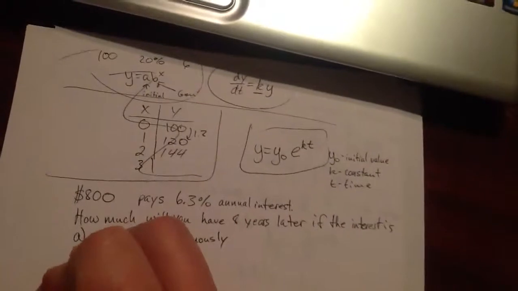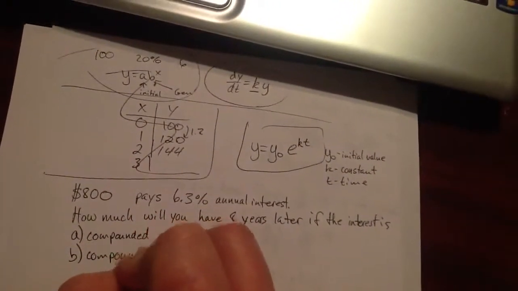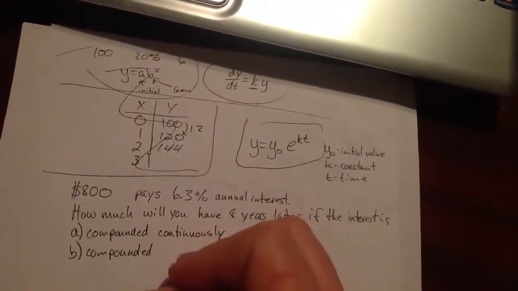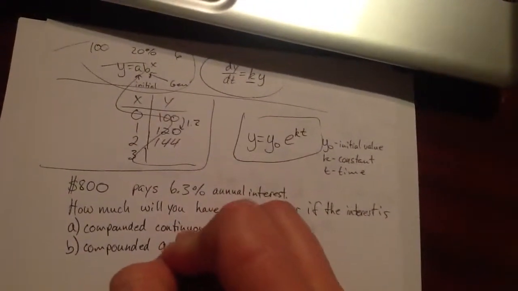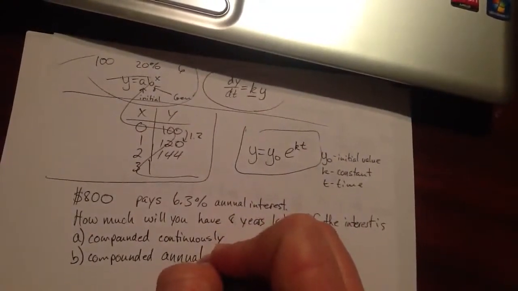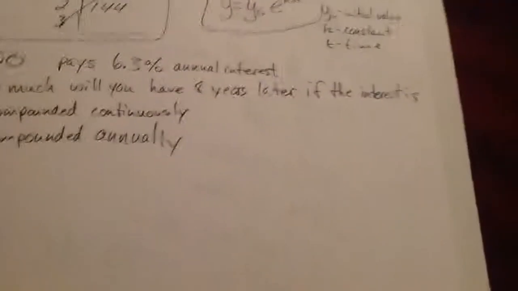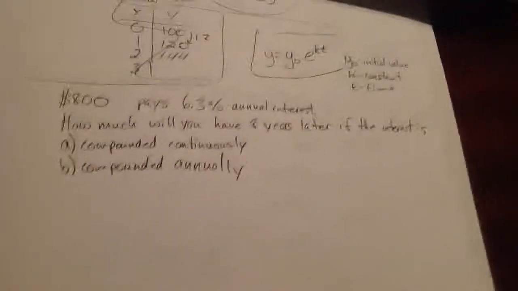And B, if it's compounded, well, we can do annually, maybe quarterly, we'll just do annually. I don't know how to spell words, and that's wrong, who cares, whatever. Anyway, it's one of my worst performances ever on this video.